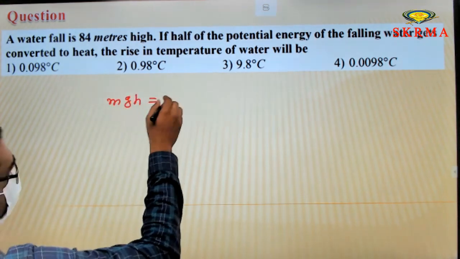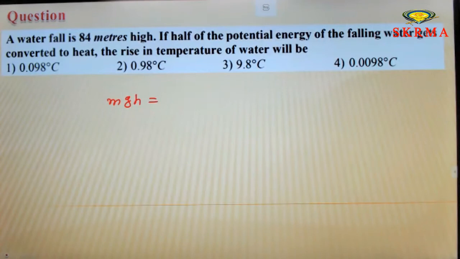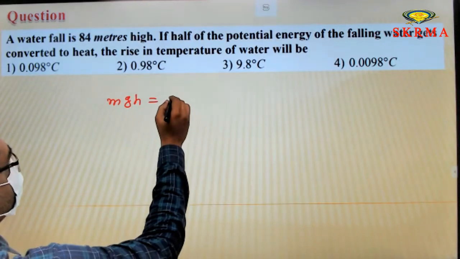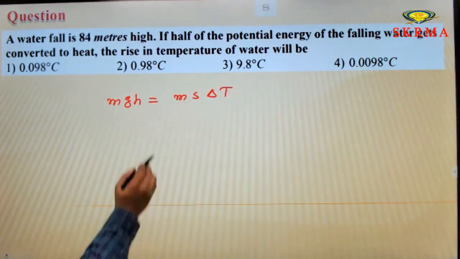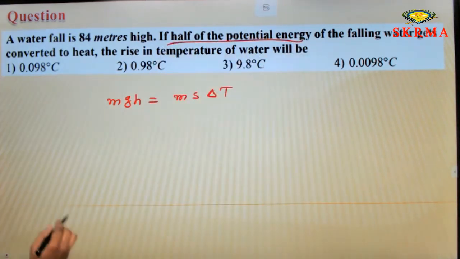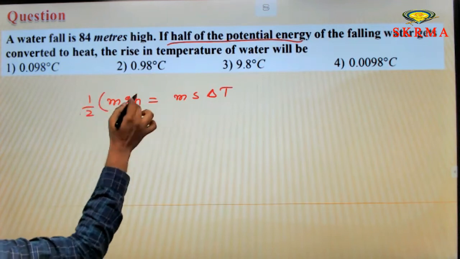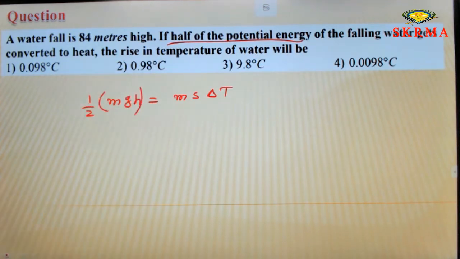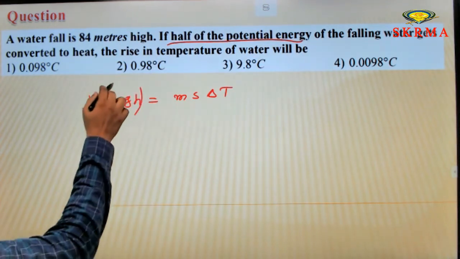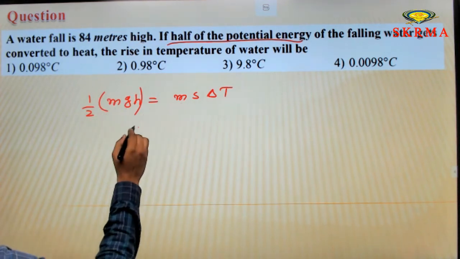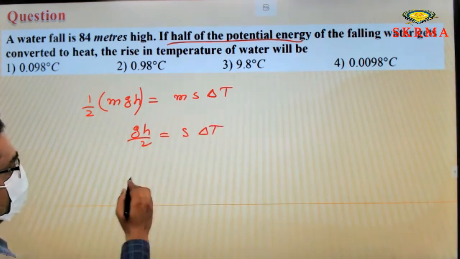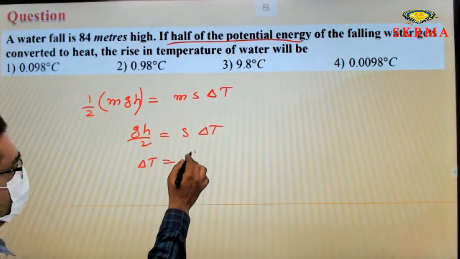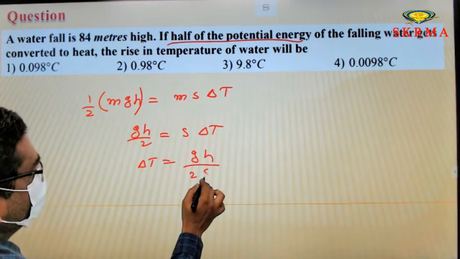If all of the energy were converted into heat, we could write it as m s delta T. But only half of the potential energy is converted, so we need to write 1 by 2 into mgh. Now cancel similar terms, mass will get cancelled out. So gh by 2 equals specific heat into change in temperature. Change in temperature equals gh by 2 into specific heat.